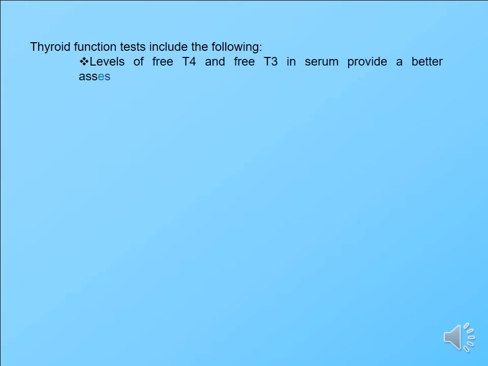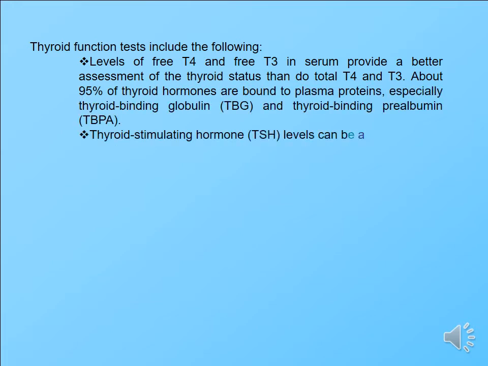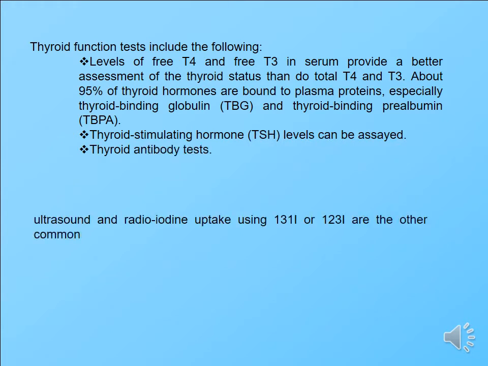How can we examine the thyroid gland in the laboratory? By thyroid function tests, which include the following. The level of free T4 and free T3 in serum provides a better assessment of thyroid status than total T4 and T3.